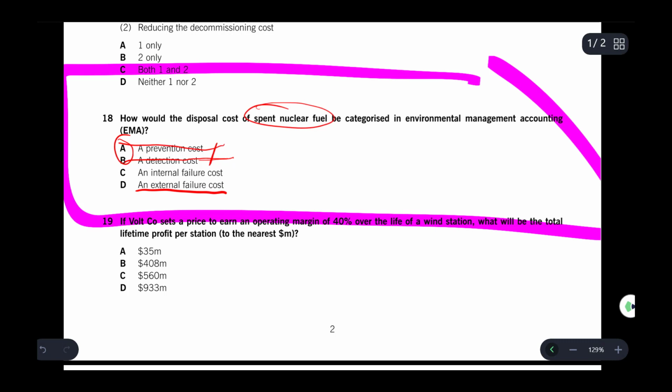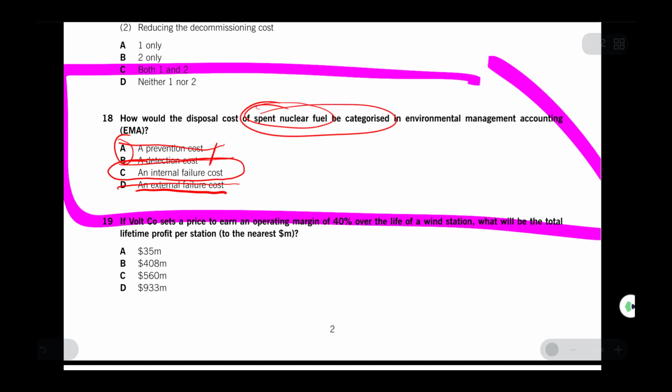So I'm not liking this because there's no mention, guys, of unexpected output of waste. So we're disposing spent nuclear fuel. Best option, internal failure costs. That is a cost related to processing of waste. However, it has not harmed the environment yet, and it's not unexpected. It hasn't been discovered by the community. So C is the best answer in this situation for question 18.